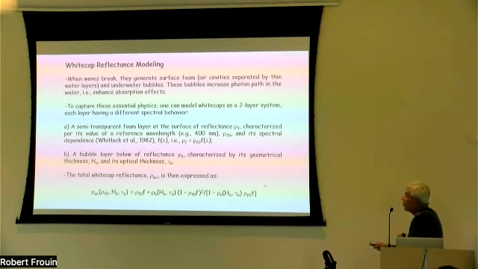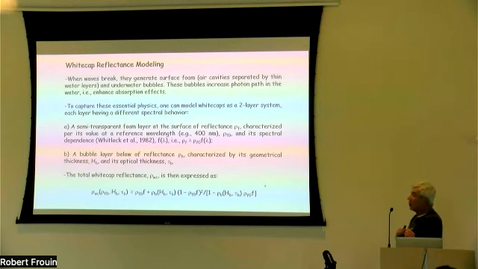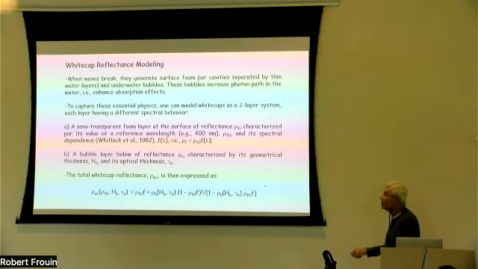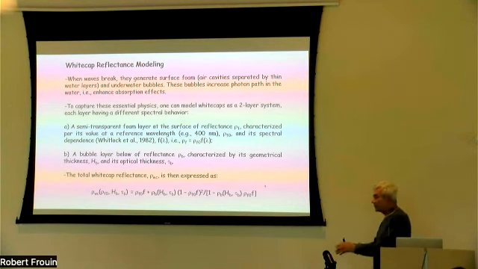So let's talk now about the reflectance modeling. So again, what can make this reflectance decrease in the near infrared? Looking at the waves, finally we realize that what happens is that when the waves break and you have these underwater bubbles, they increase the scattering.